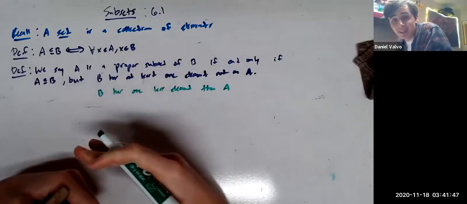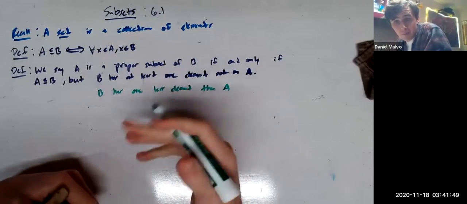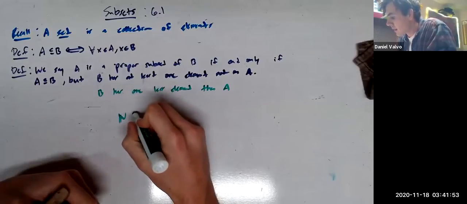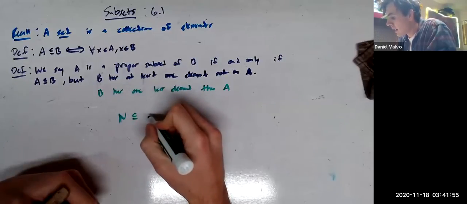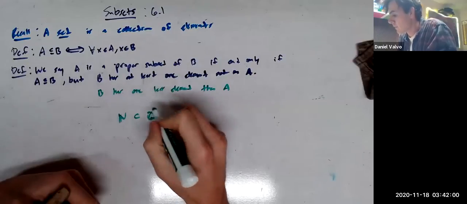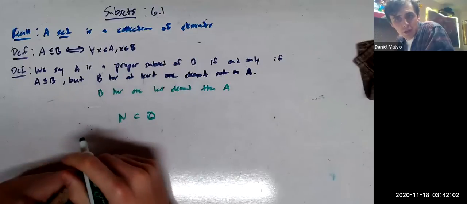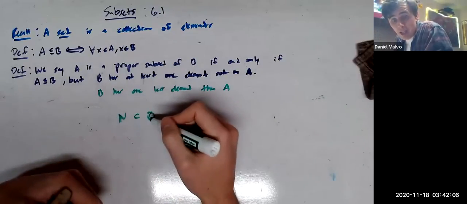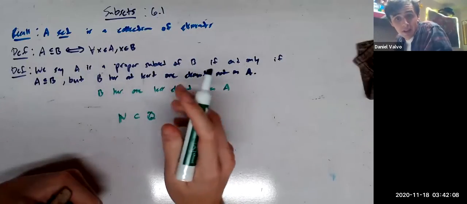The reason is that this gets into a whole problem with infinities, right? For example, the natural numbers we're going to show are a proper subset of the rational numbers. Every natural number is a rational number. But it's definitely a proper subset because Q contains elements that aren't in N.